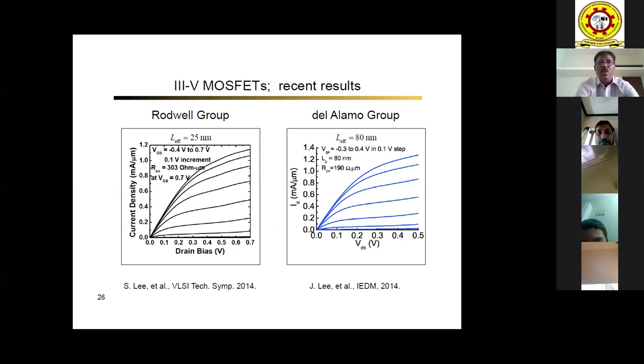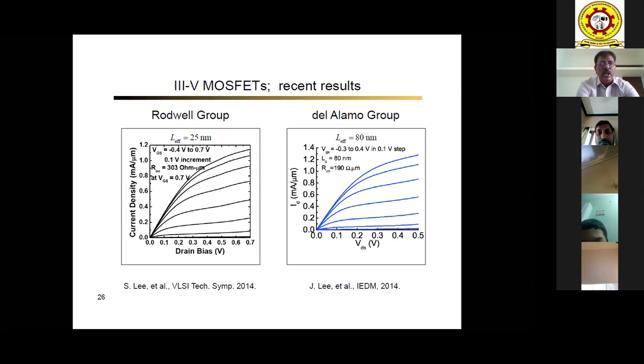Okay, now it's the time to move into atomic table, group 3 and group 5 MOSFETs. No more simple silicon and simple germanium, right? So some recent results show better achievements compared to conventional silicon and germanium by moving into the 3-5 group from the periodic table elements, combination of these group 3 and group 5 elements.